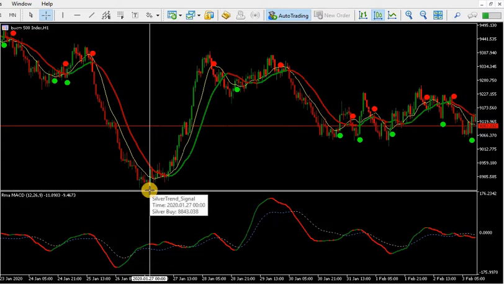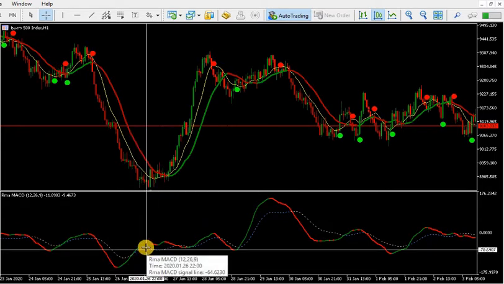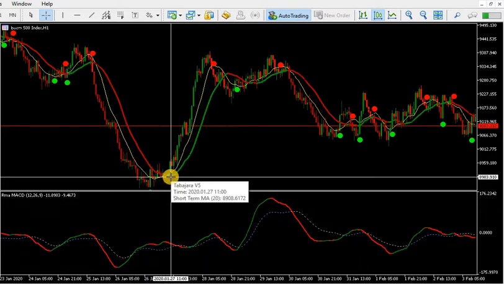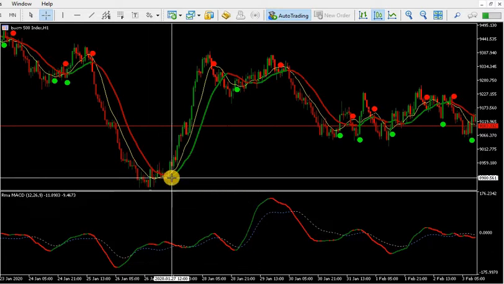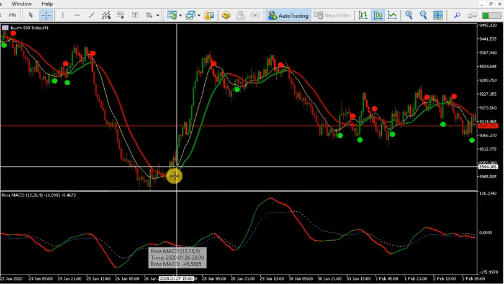Look here, silver trend signal, silver buy. That dot showing buy. Also this point is showing buy, and also this point showing buy. Dot, green line, and MACD also showing the buy.